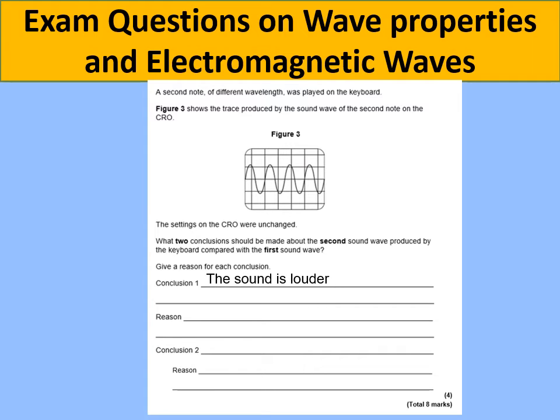What 2 conclusions should be made about the second sound wave produced by the keyboard compared with the first? The second one, we can see that the amplitude is bigger. Because of that, we can say that the sound is louder. So the conclusion will be that the sound is louder because the amplitude of the second wave is larger, as we can see on this trace. The amplitude here is about 1 square and a bit more.